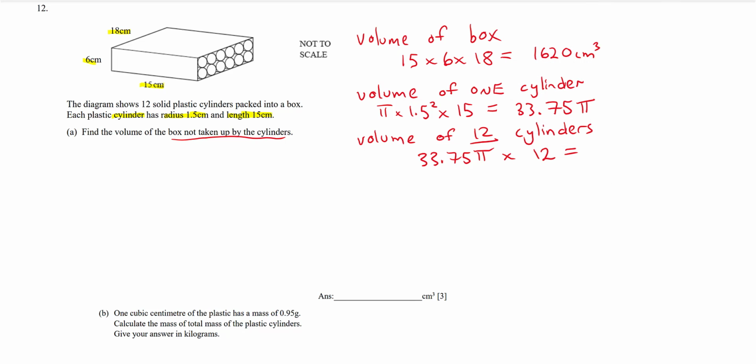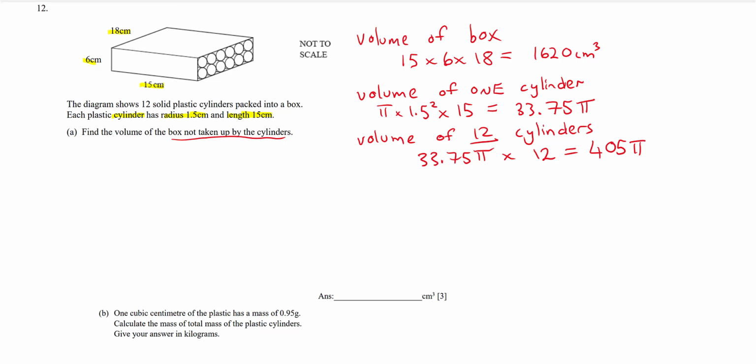So we're going to have 405 pi. Okay, you could work that out, 405 times pi, and then you could round the answer a little bit if you want, but I'll just leave it in terms of pi here, just for accuracy.